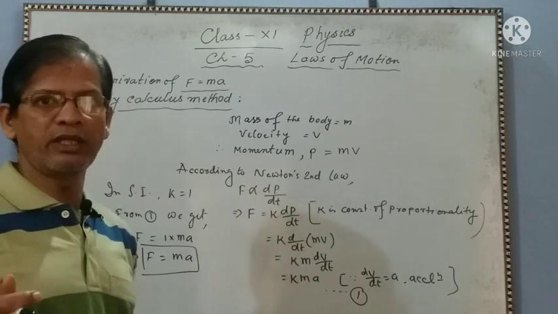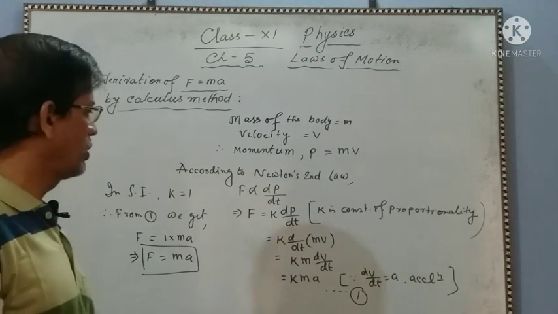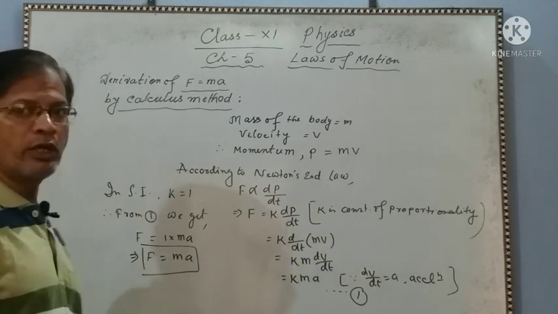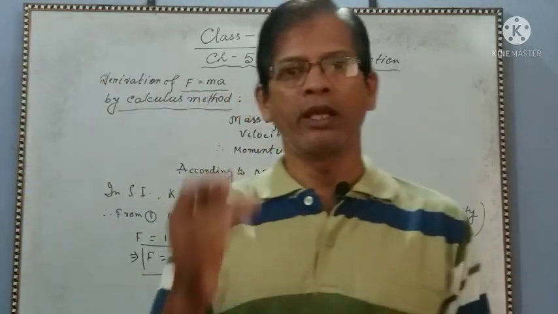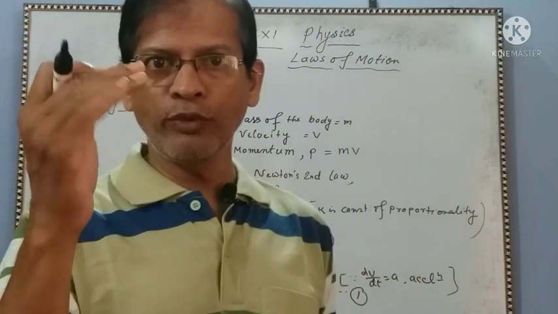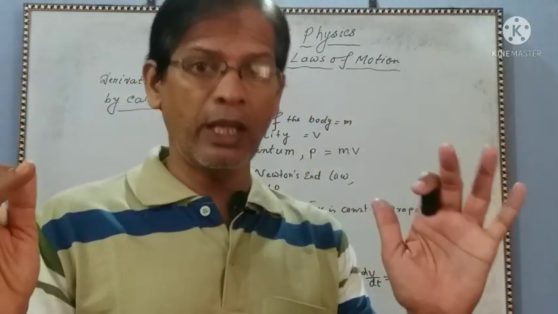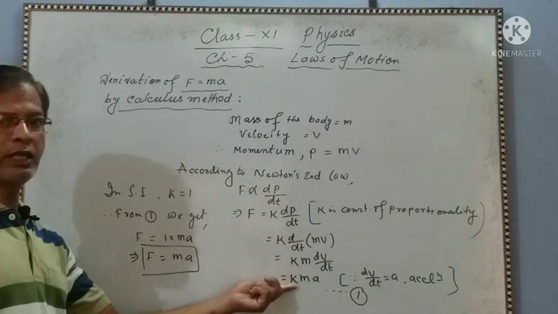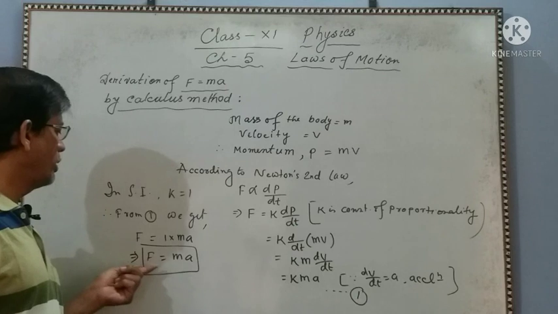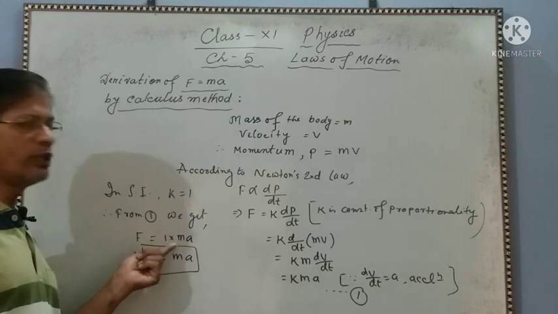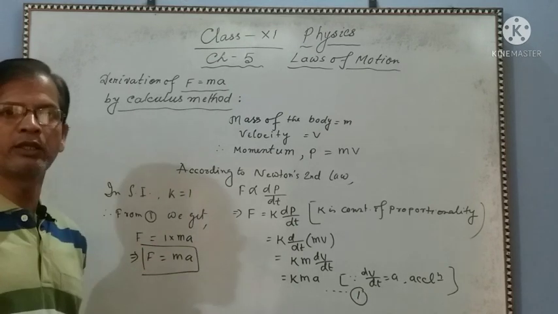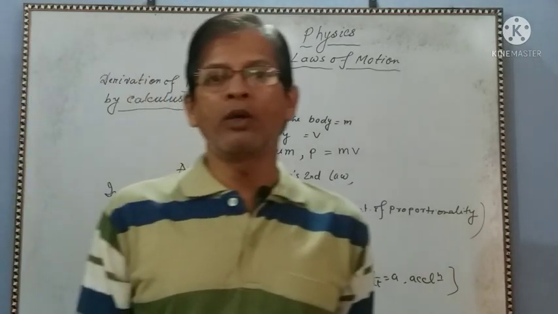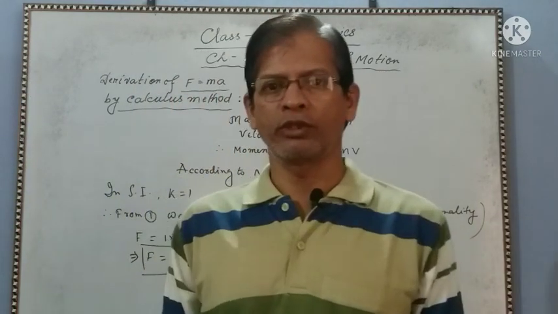But what is dv by dt? dv by dt is acceleration. So F equal to kma. Now we have said in SI, the unit of force is so chosen that K is 1. So if you put K as 1, then F equal to 1 into ma, that is F equal to ma. It's proved.